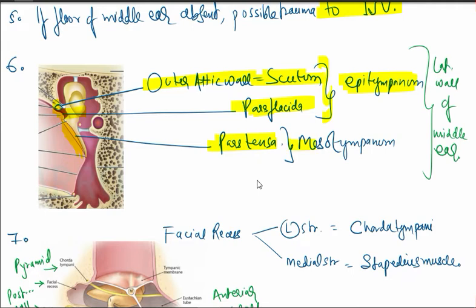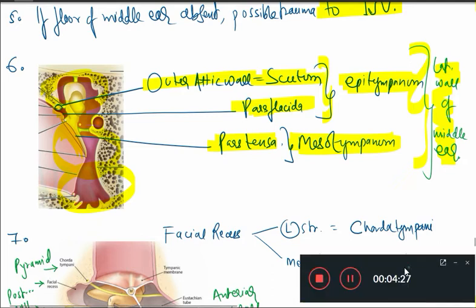This is inside the mesotympanum, and all these three structures together form the lateral wall of the middle ear. So once more, we have three divisions: epitympanum, mesotympanum, and lower end, what? Hypotympanum.